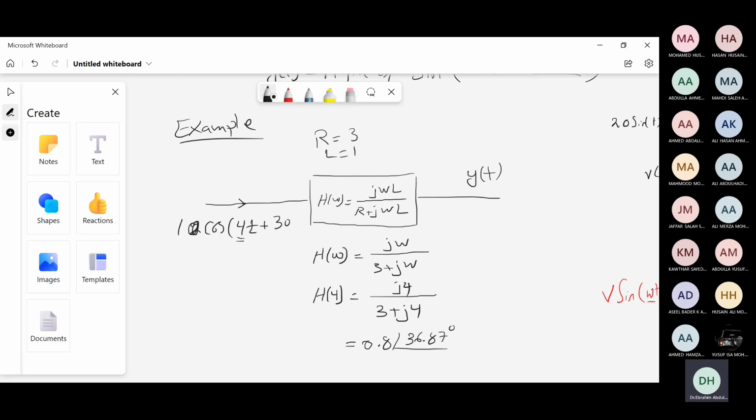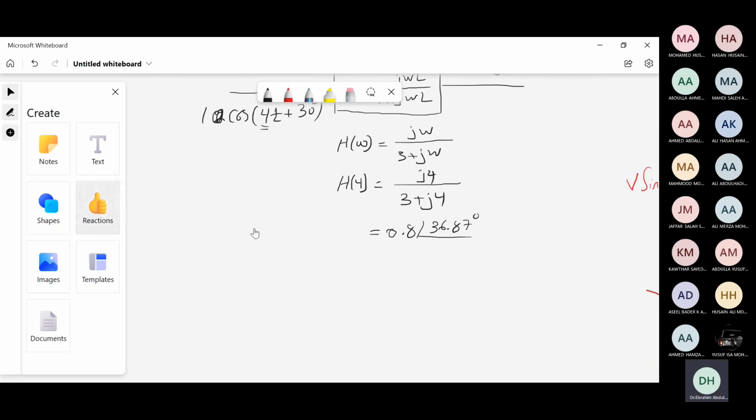Let me say that the supply angle is 30. Then directly, what is the output y of t? It's very easy. It's just 10, the amplitude of the supply, multiplied by 0.8, so it is equal to 8. We use cosine here, same omega, 4t, plus angle of the supply, 30, plus the angle of this one, 36.87, so it becomes 66.87.